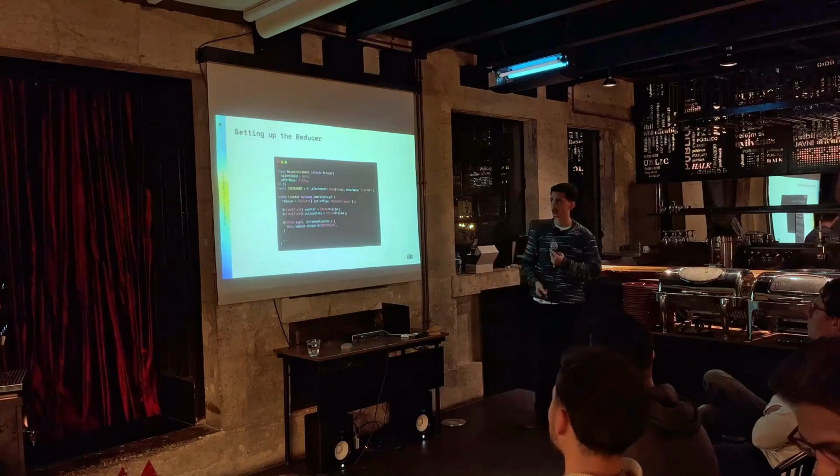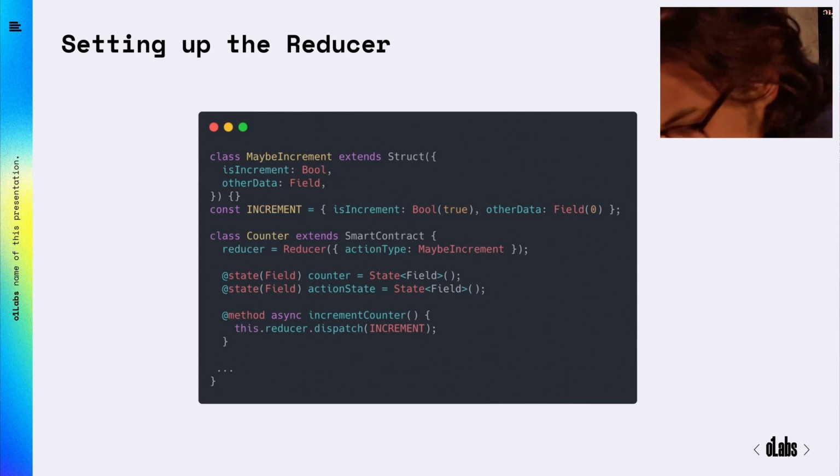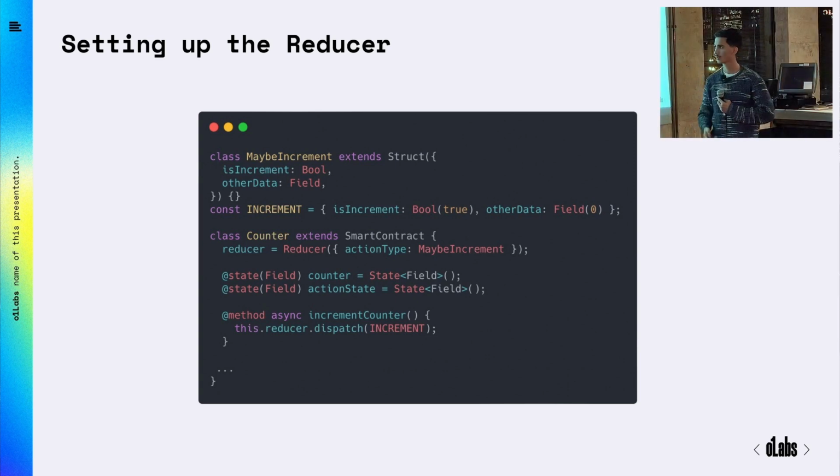So we need to set up the reducer for this example. We have this increment object which we will dispatch. And we have maybe an increment class to have more flexibility, because maybe users won't dispatch increments, but they will just dispatch increment actions, or we can do more stuff there, but I will keep it simple.